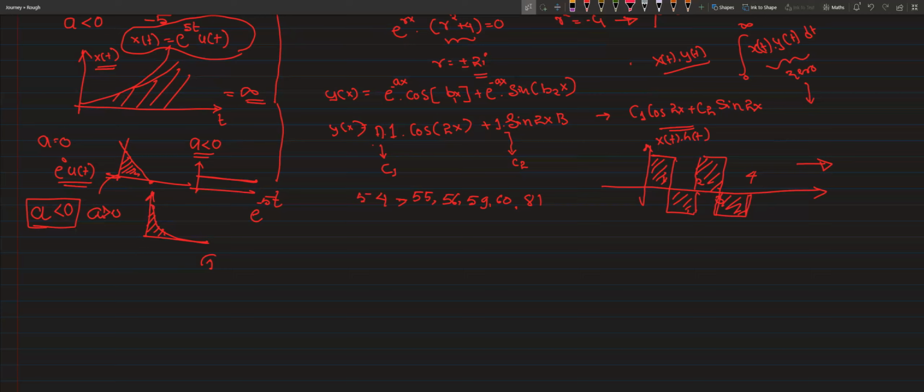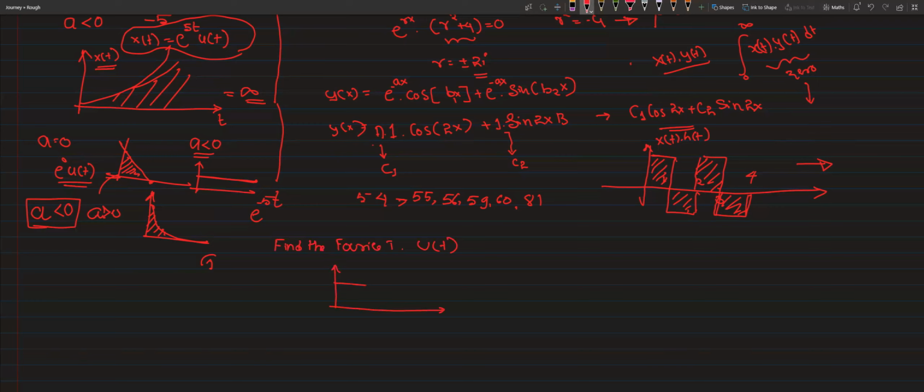The 54th question is basically: find the Fourier transform of u of t. Again, it comes to the same point where it is not absolutely integrable.